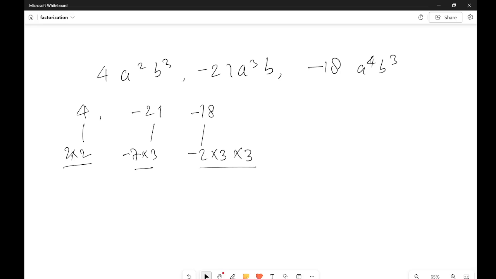All three have a, so that's for sure part of the HCF, and all three have b as well. Now the question is, what should be the power of a and b? In the first expression we have a square, a cube, and a power 4. So what's the lowest one? A square.